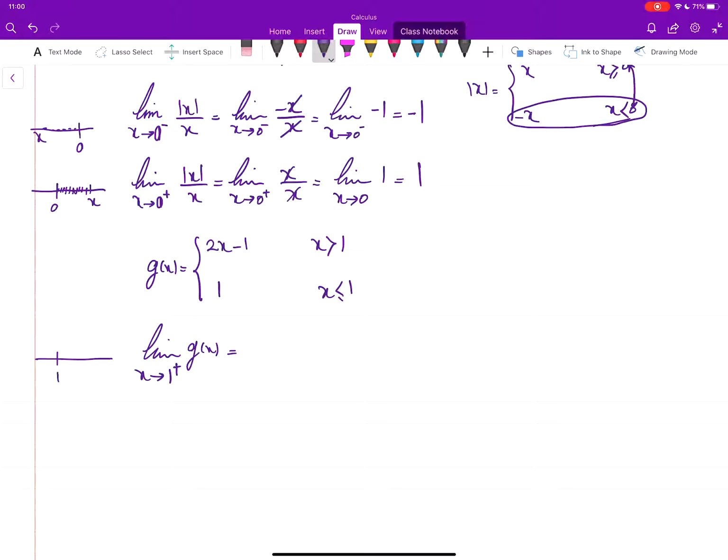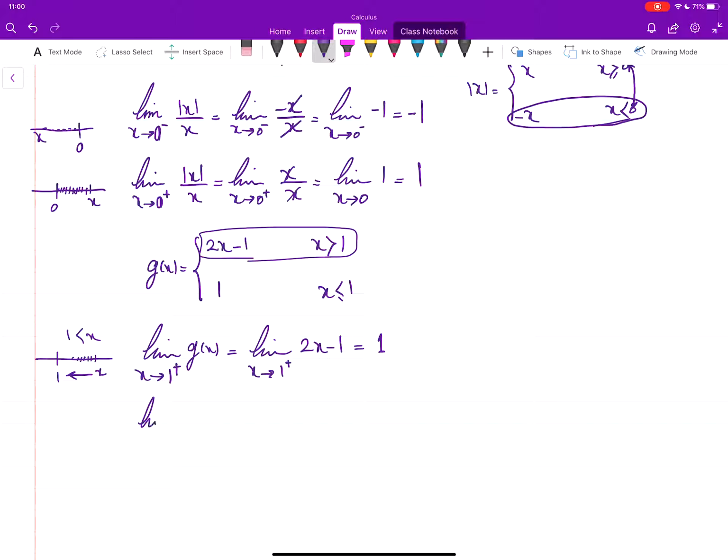We are approaching 1 from the right, or from values bigger than 1. It means that I can use this piece, and just ignore the other parts of the definition. And this limit, as you can see using the table of values or the graph of the function, has limit 1.